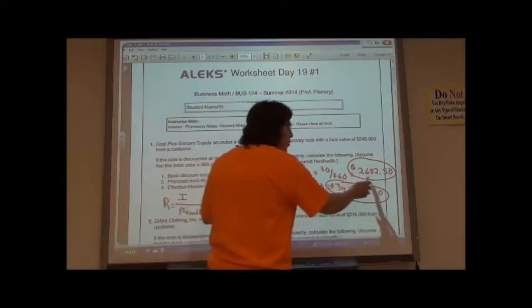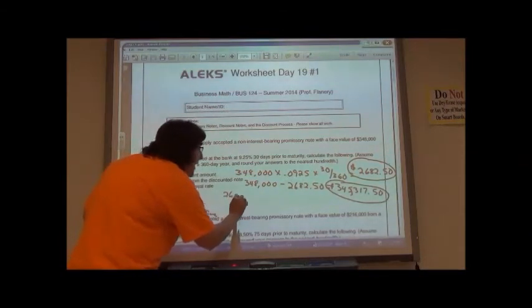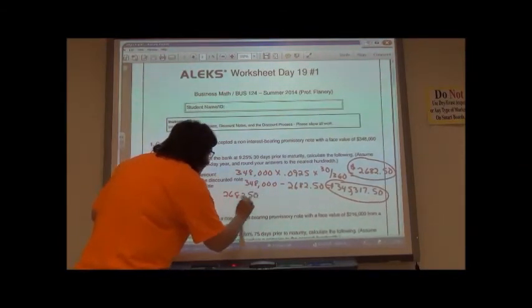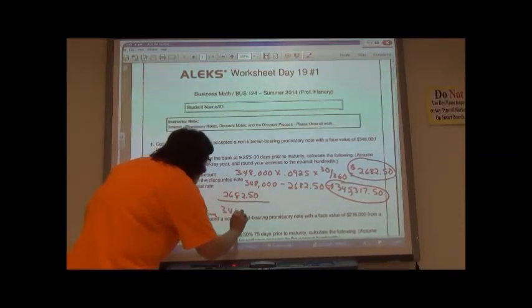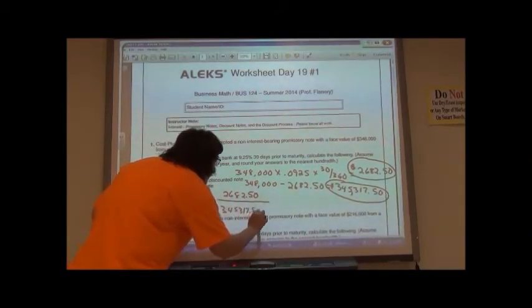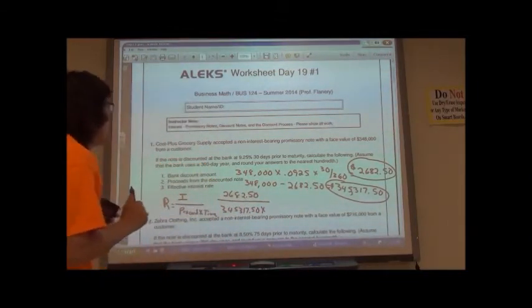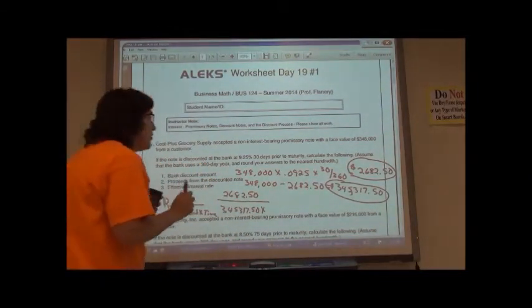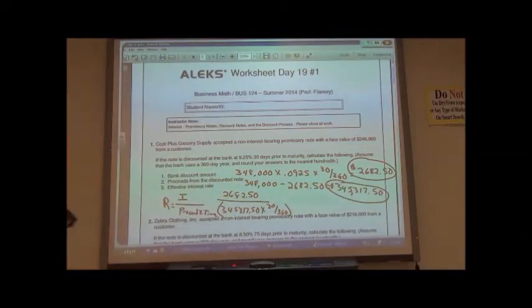The interest is what the bank discounted it by, so the 2,682.50, and I'm going to divide that by the 345,317.50 times my time, and my time was 30 over 360. And of course we're going to put that in parentheses because we got more than one thing on the bottom.